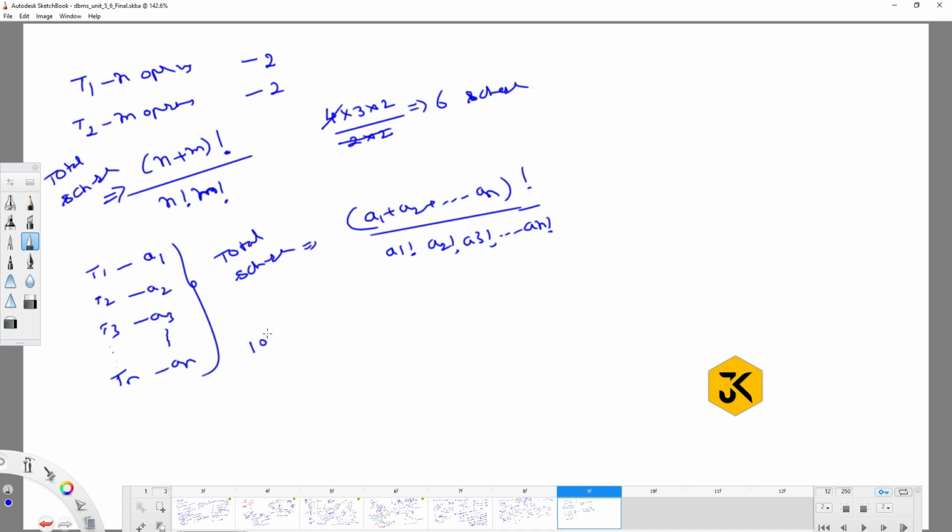Total schedules is different from total serial schedules, right? So how many total serial schedules are there? n factorial, right? If I have T1 to Tn, n transactions in total, n factorial ways are possible. Now can you tell me the total number of non-serial schedules?